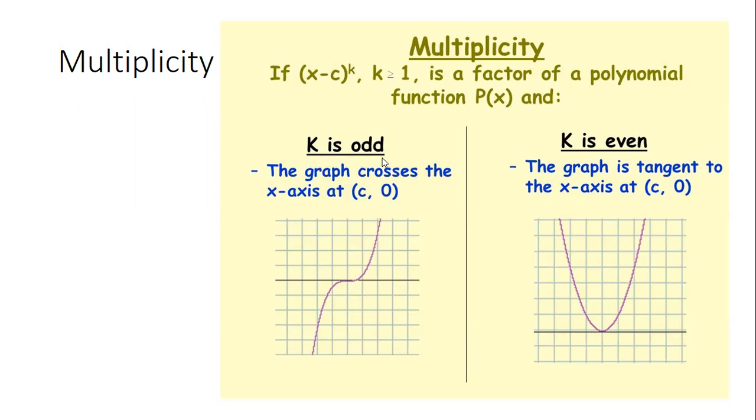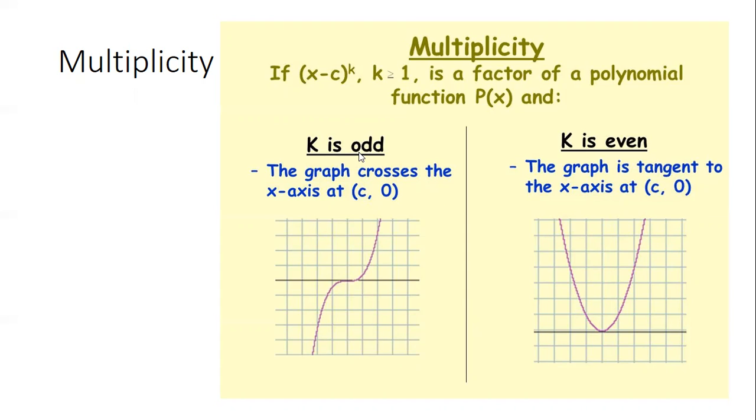So if k is odd, that means the graph crosses the x-axis at c, at the root. So it's going to cross at the root. Okay. If k is even, then the graph is tangent, which means that it's going to touch the axis instead of cross the axis. So instead of crossing, it's going to touch. Okay. So we all know our odd numbers.